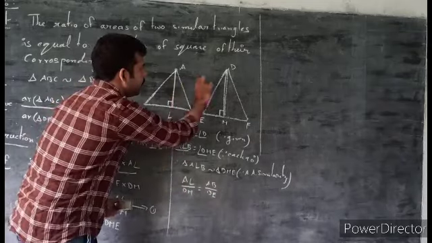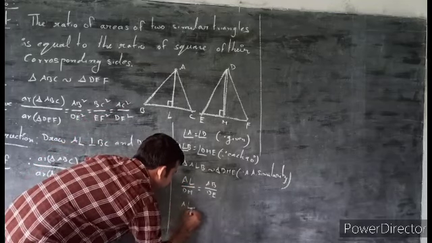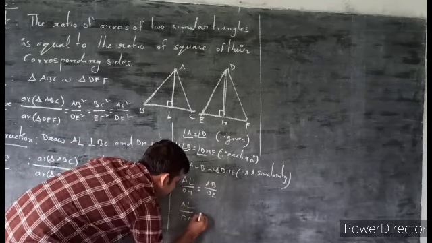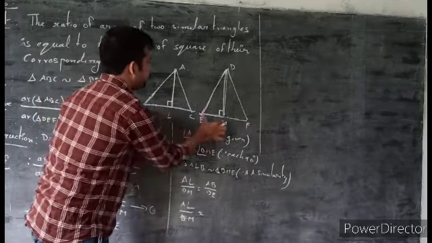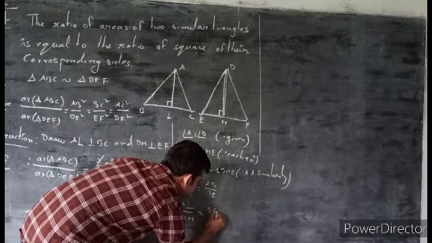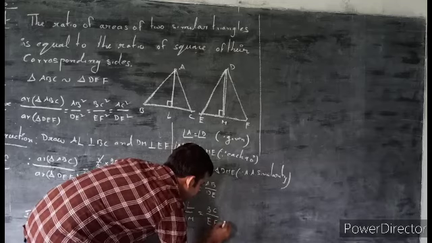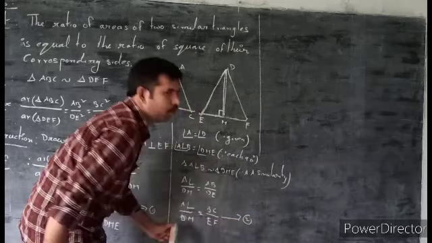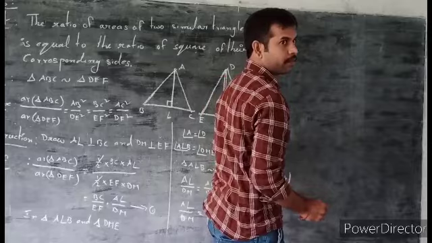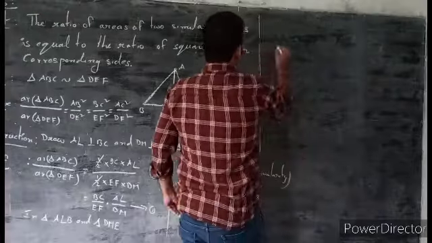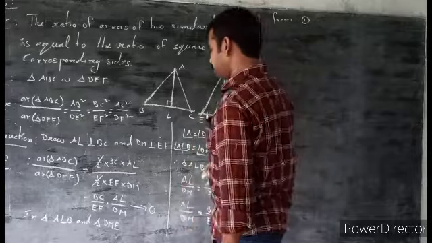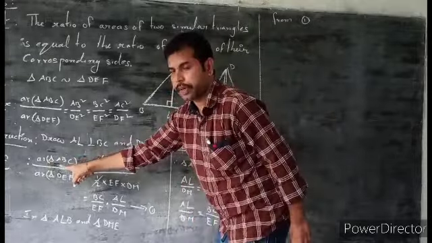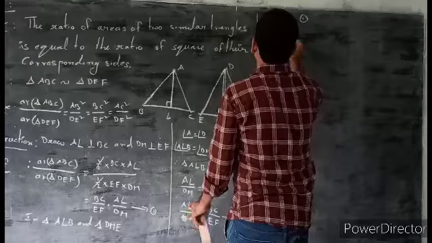And the second one is AL by DM equals BC by EF. It is equal to this, from 1. So equation 1 is area of triangle ABC by area of triangle DEF.